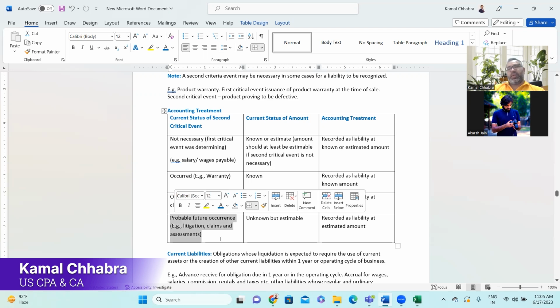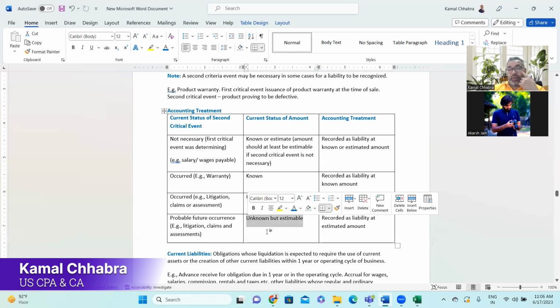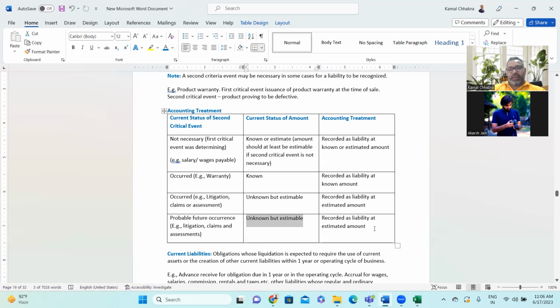That means in future, there may be a probability that certain losses or certain expenses you need to incur. For example, for any litigation claim or assessment. But the amount is not estimatable. So as of now, you are not in a position to estimate the amount. Then record the liability at the estimated amount.